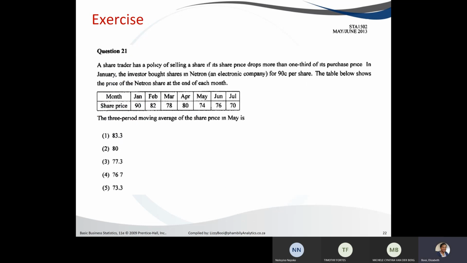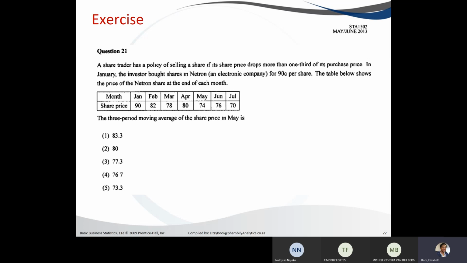Your exercise. A share trader has a policy of selling shares if the share price drops more than 1/3 of the purchase price. In January, the investor bought shares in Neutron, which is an electronic company, for 90 cents per share. The table below shows you the price of the Neutron share at the end of each month. So those are the shares.